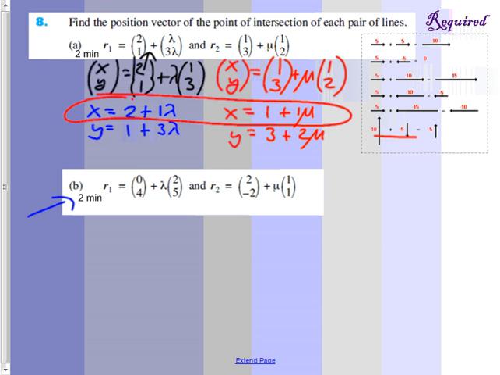And so I'm going to say, this equation right here is 2 plus lambda equals 1 plus mu.